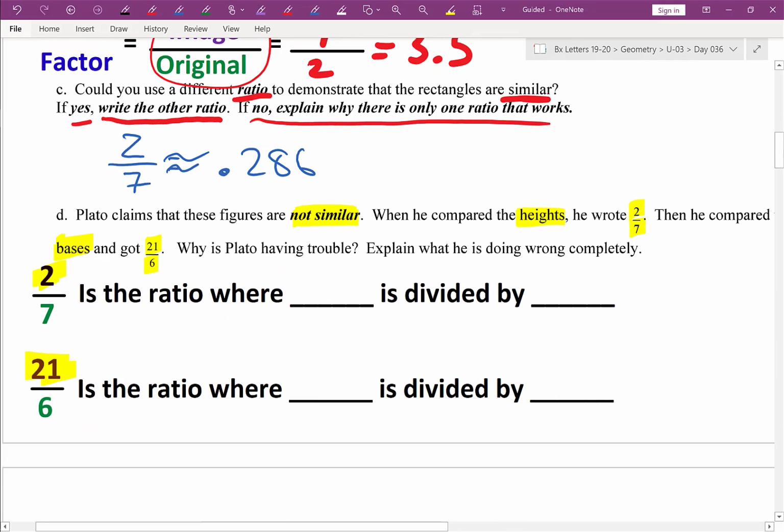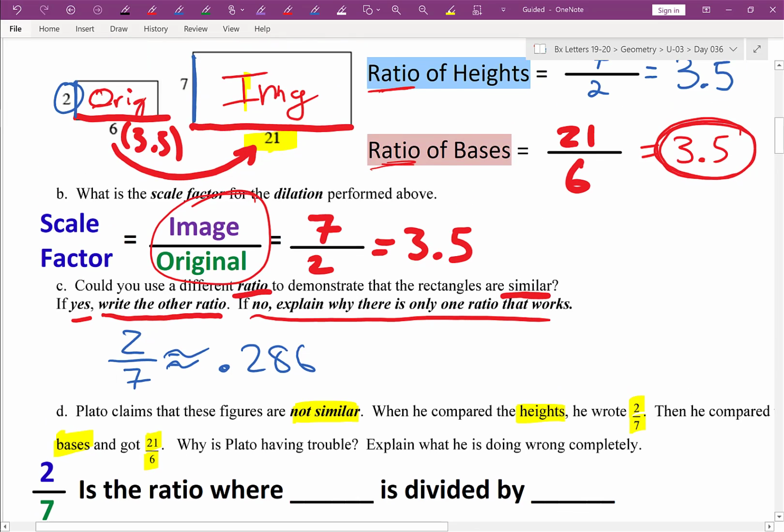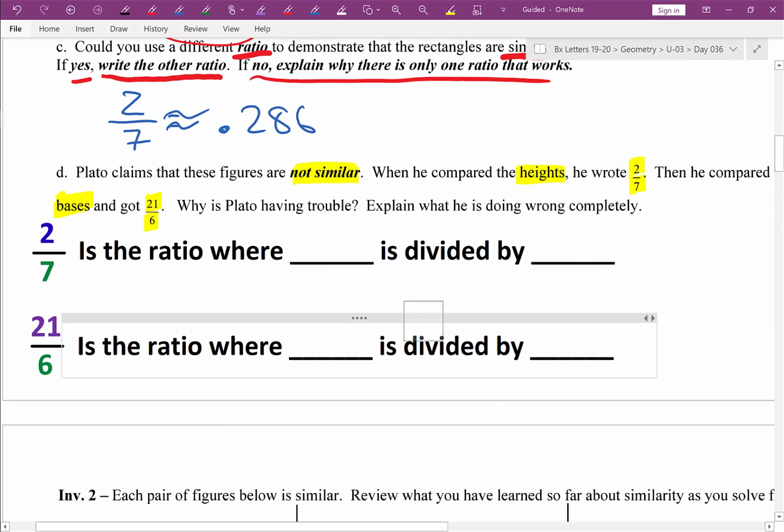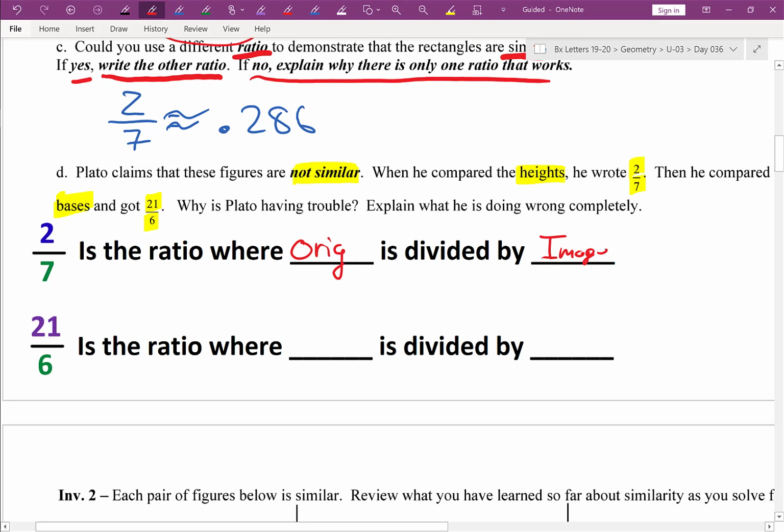What he's done is that ratio right here, the 2 over 7, that 7 belongs to the image. So the ratio is where the original is divided by the image. And then in the other one, he has the image divided by the original.